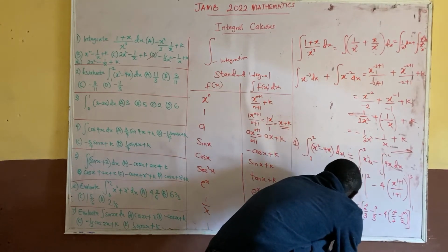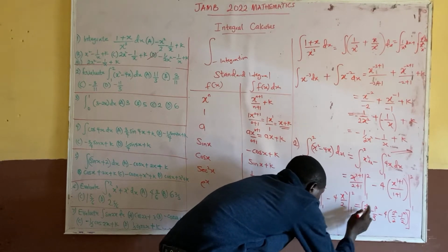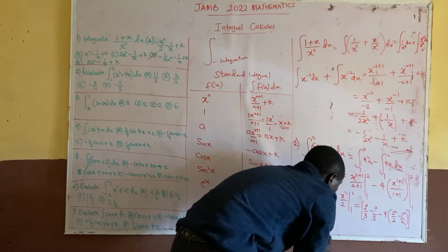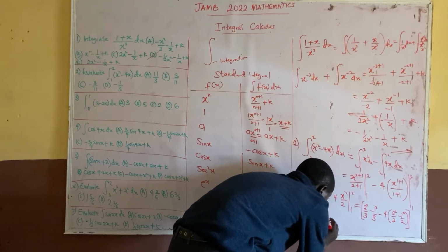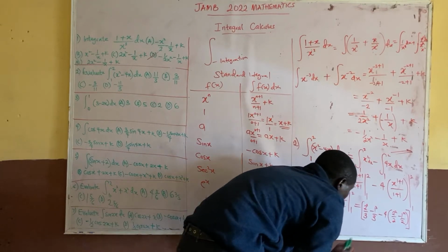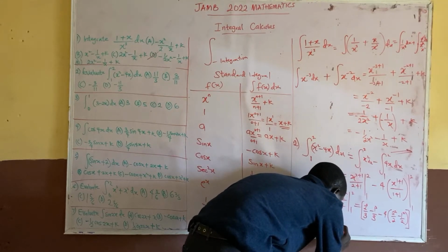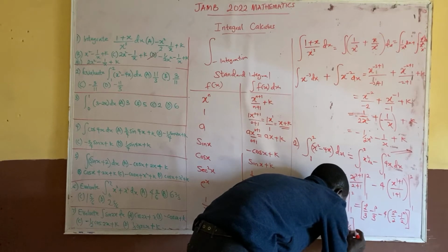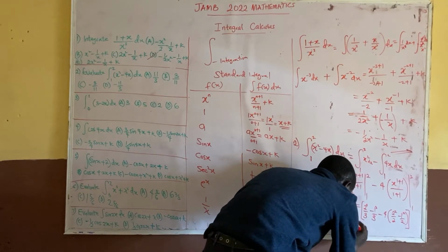So what do we have here now? The final answer here, we have 8 all over 3 minus 1 all over 3. Don't forget you have minus 4, open bracket, 4 all over 2 minus 1 all over 2, close bracket, then the big bracket.